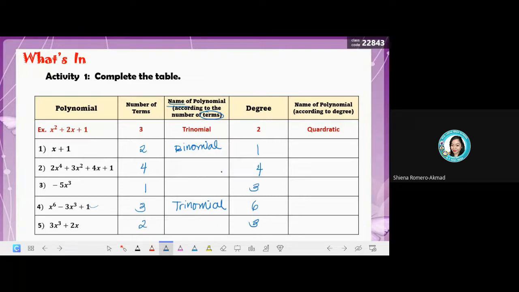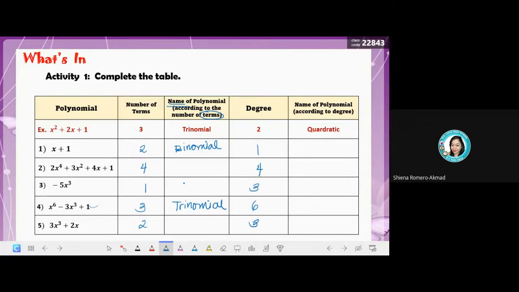Sige, pwede kayong gumamit ng Google kung nakalimutan na. Quadrinomial ba? Start muna tayo sa 3.